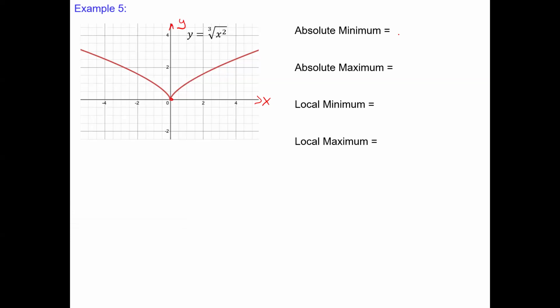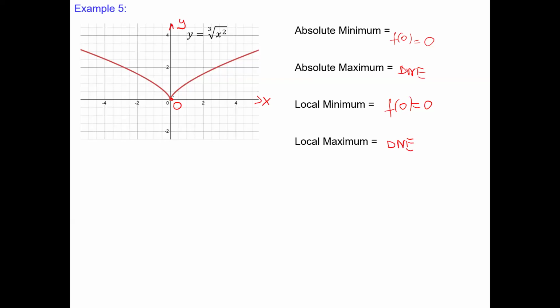That means this is again a minimum. Let me write f of 0 equals 0, a locally lowest point. There is no highest value, absolutely or locally.